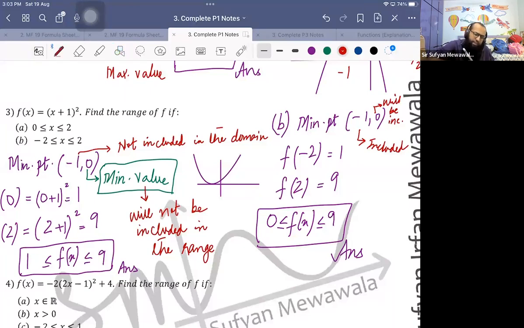Now this is -1. This is -2. This is 0. At 0, it's 1. At 2, it's 9. And at -2 as well, it's 9. Sorry, my bad. Let me resize it.